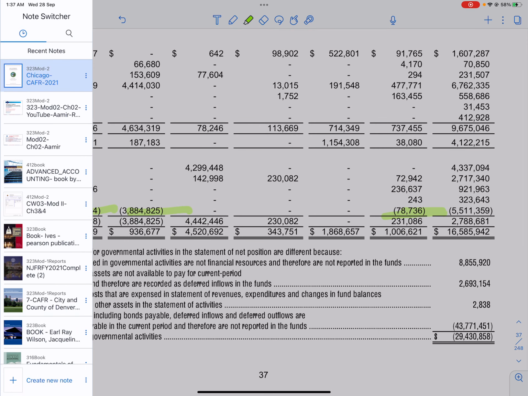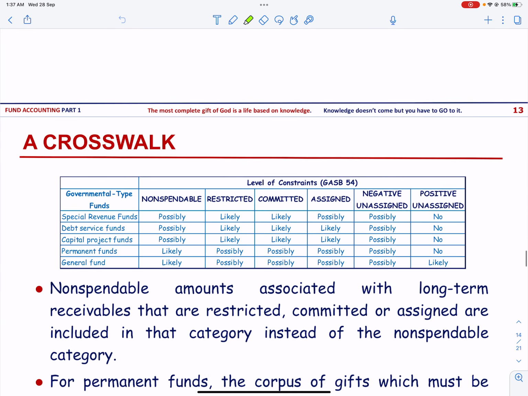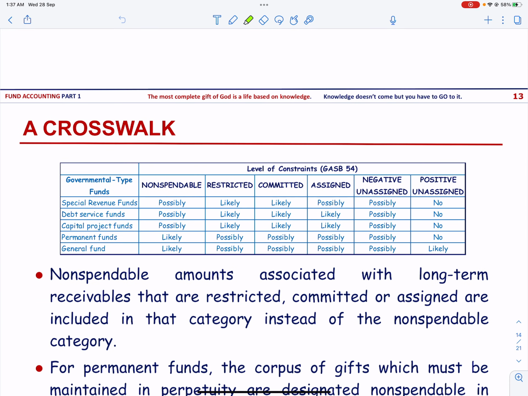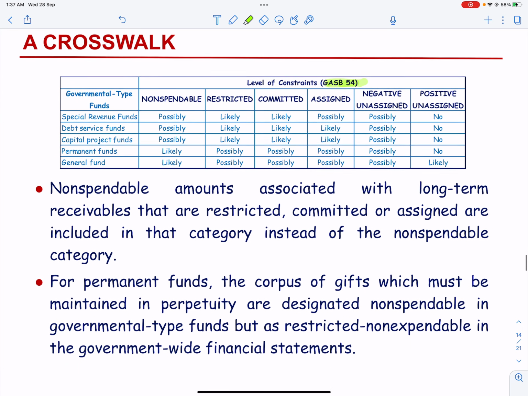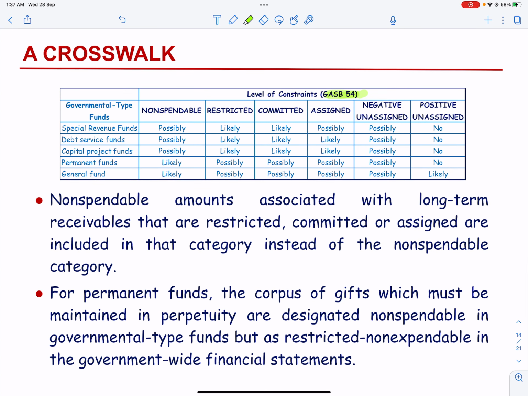So next, let us look into the crosswalk for different types of government type funds and level of constraints imposed by the GASB 54 statement. Notice that all the funds except the general fund cannot have a positive unassigned fund.